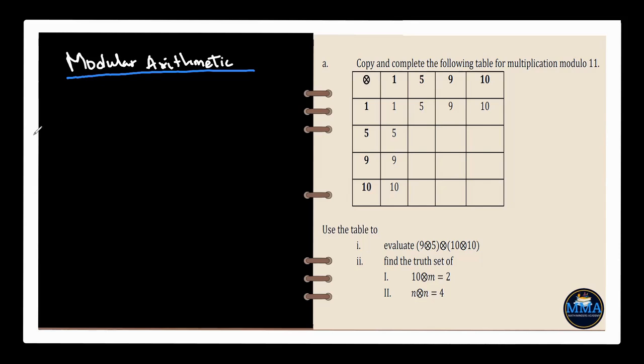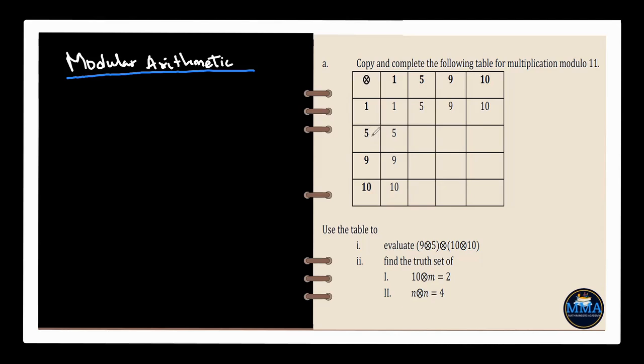Now we expect to have numbers less than 11. Part of the table has been completed. So we have 9 empty boxes to complete. Now let's perform the multiplication in modulo 11.